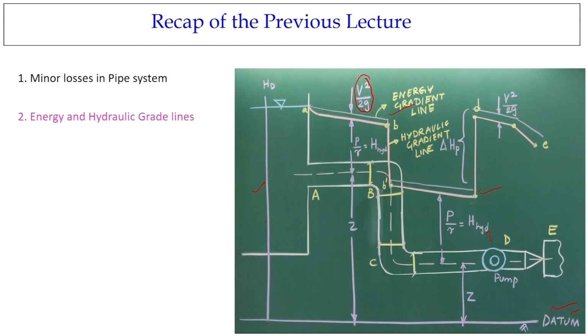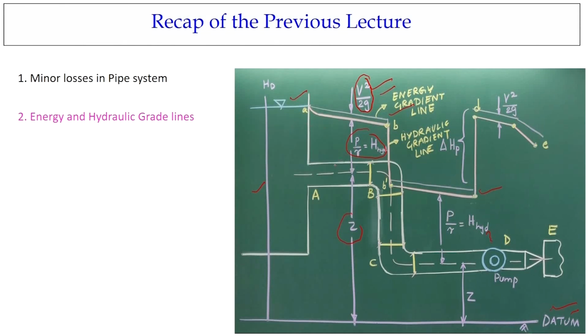So, for any datum I can have Z as potential head, then I have the pressure head, then I have the velocity head. With these 3 components I can draw the lines like this. For example, in these diagrams, at the reservoirs you do not have any velocity component. That is the reason the hydraulic gradient and energy gradient are both coincident at that location.